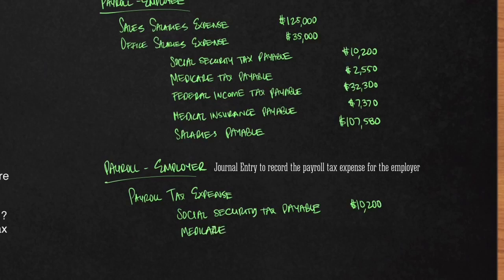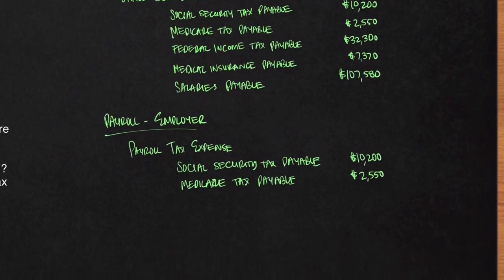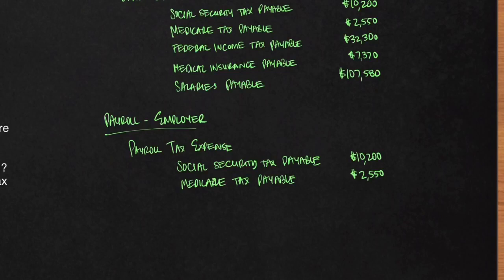Medicare tax payable is the next one, and you're going to match the previously recorded $2,550. So not only does the employee have to pay for Social Security and Medicare, the employer also has to pay for Social Security and Medicare.